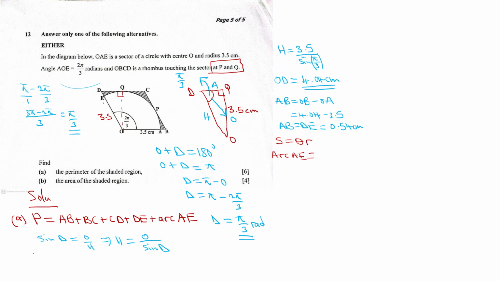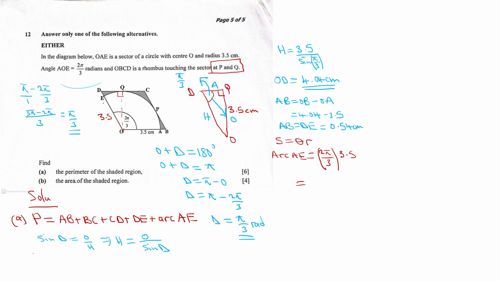According to the question, the angle for this sector is at the angle O, and angle O is 2 pi divided by 3 radians. So the length of that arc is 2 pi divided by 3 multiplied by the radius. What is the radius of the sector? 3.5 centimeters.